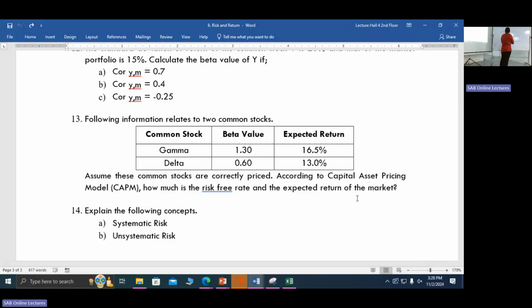That is 3.5 divided by 0.7. Market risk premium is equal to 5. The market risk premium is 5.